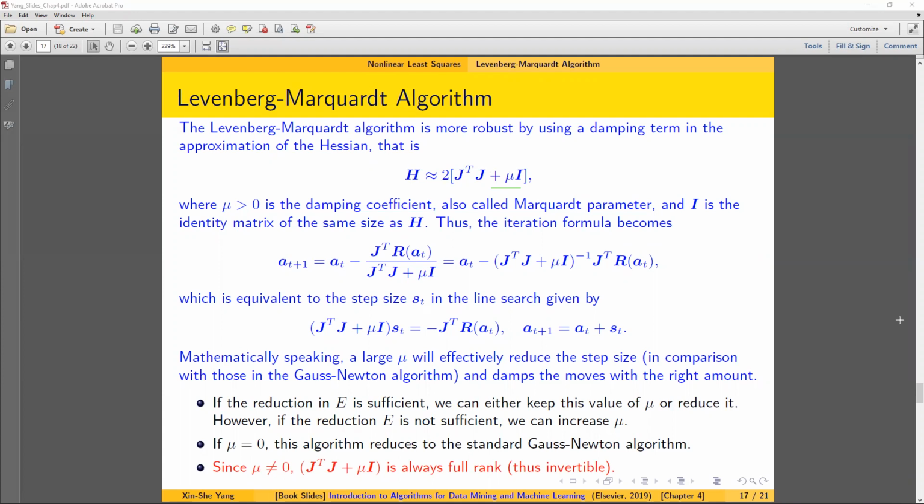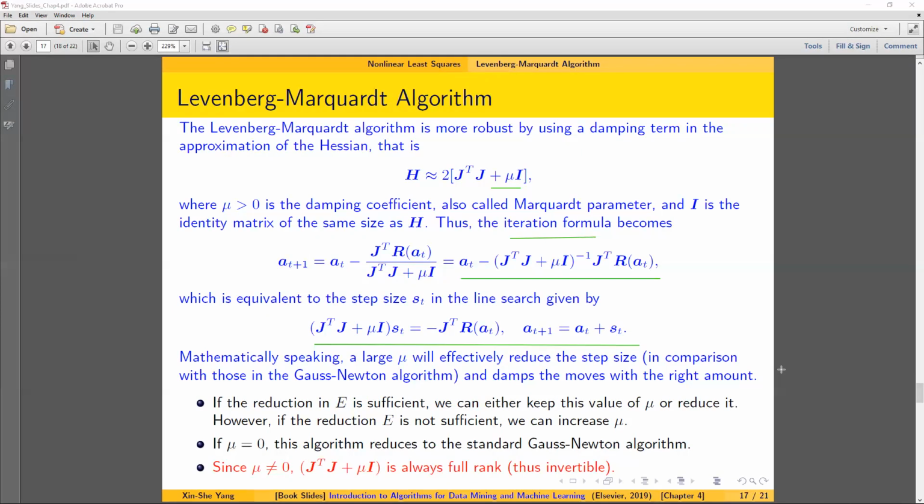Thus, the iteration formula becomes A(t+1) equals A(t) minus this. That's our iteration formula. It is equivalent to the step size of s_t in the line search given by this relationship. So mathematically speaking, a large mu will effectively reduce the step size in comparison with those in the Gauss-Newton algorithm and damps the moves by the right amount.